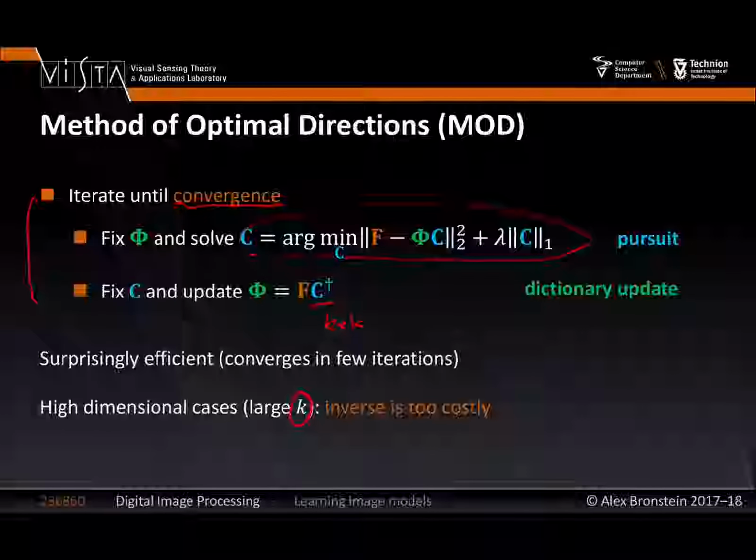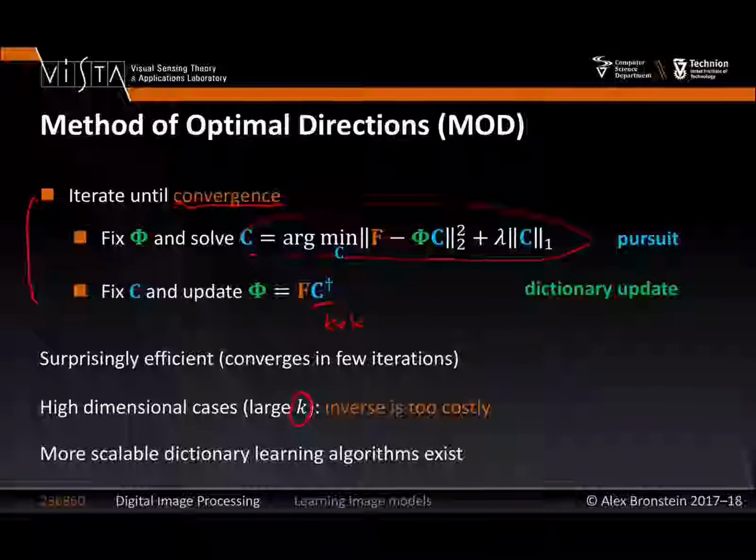And there are better algorithms that scale better with the increase of the dimensionality, and there are also better algorithms that scale better with the increase of the number of data. Here, what is also very costly is this n, the number of columns in F. So instead of looking at all the data, we can do stochastic optimization and look at mini batches, or basically small samples from our data matrix.